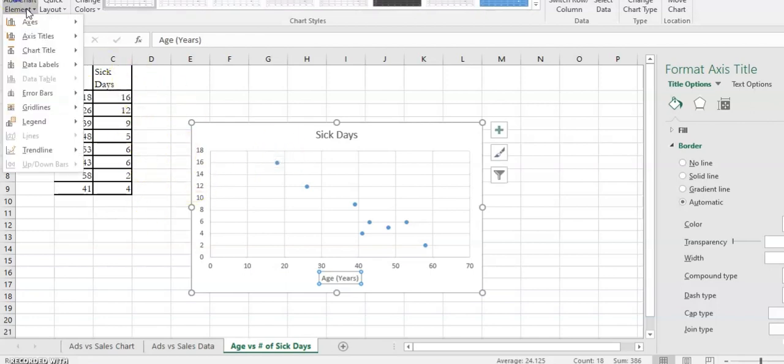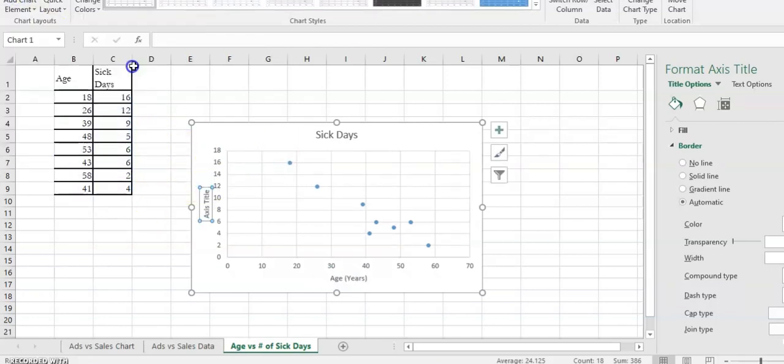And on the vertical axis, that was number of sick days. Now you can see then, we'll add a title, say, age versus sick days. There we go.